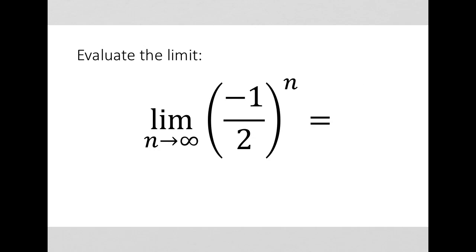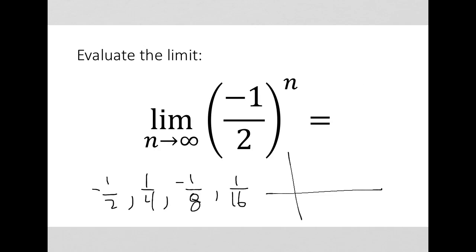And what about this guy? Well, this is going to be very similar. Our first term here would be negative 1/2. Our second term would be positive 1/4. And then we'd have negative 1/8, and then positive 1/16. So in this instance, we are going to get that little weird, awkward, oscillating thing, but it is actually going to tend towards 0 this time because that denominator is going to continue to get bigger and bigger, which means the fraction is going to continue to get smaller and smaller.